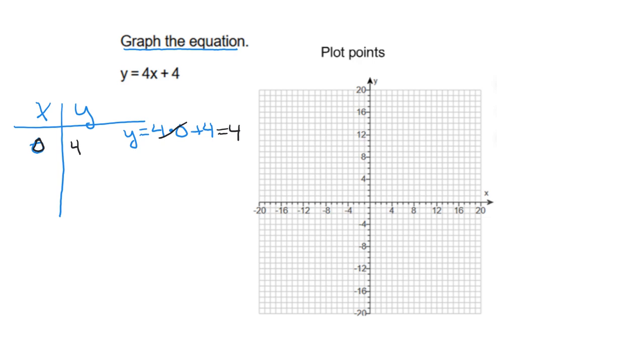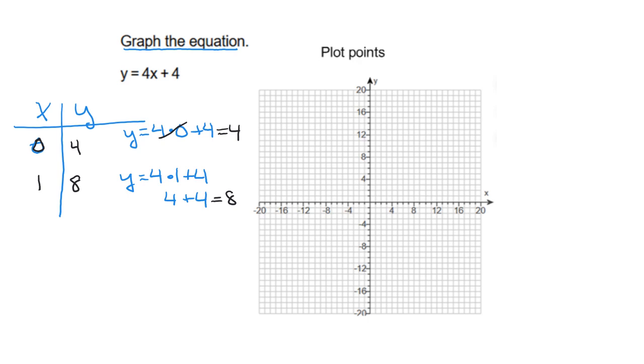Right, and we'll just substitute in another value for x. We can put in 1. All right, so y is equal to 4 times 1 plus 4. And 4 times 1 is 4. 4 plus 4 is going to give me 8. So I have 1, 8.